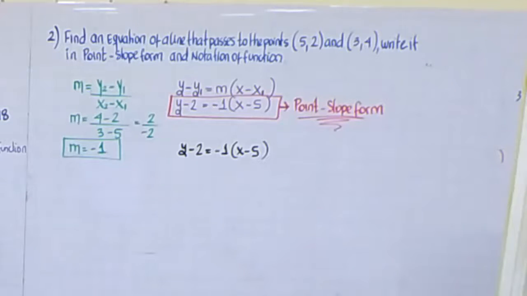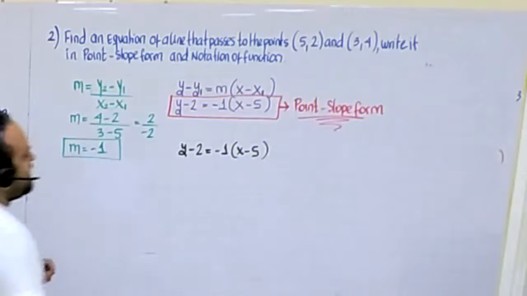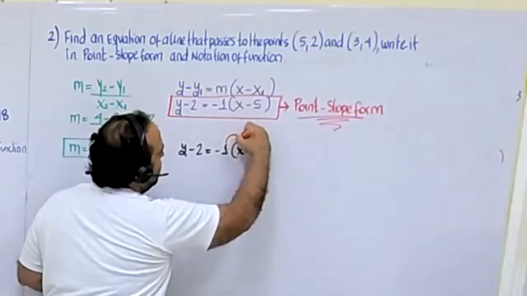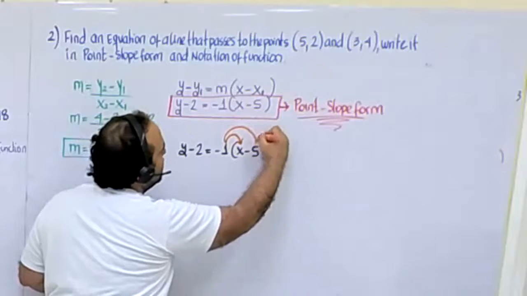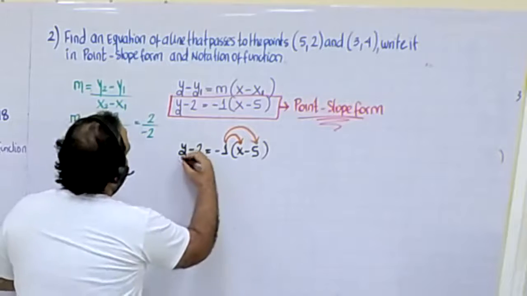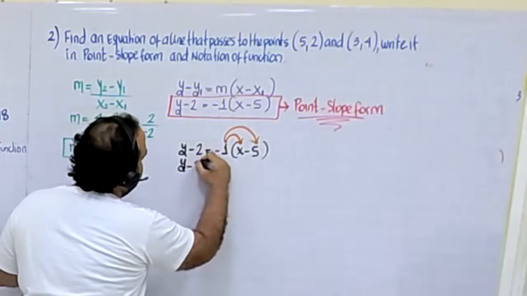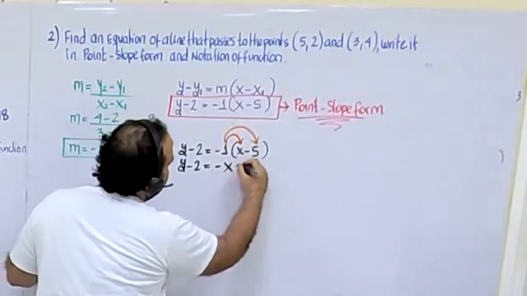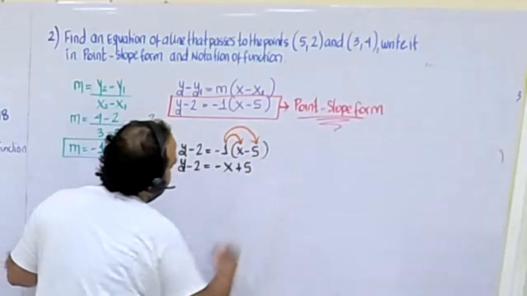First of all, remember, negative 1 is multiplying x minus 5. Distributive property: negative 1 multiplying x, and at the same time multiplying negative 5. So y minus 2 equals negative x, negative times negative, positive 5.